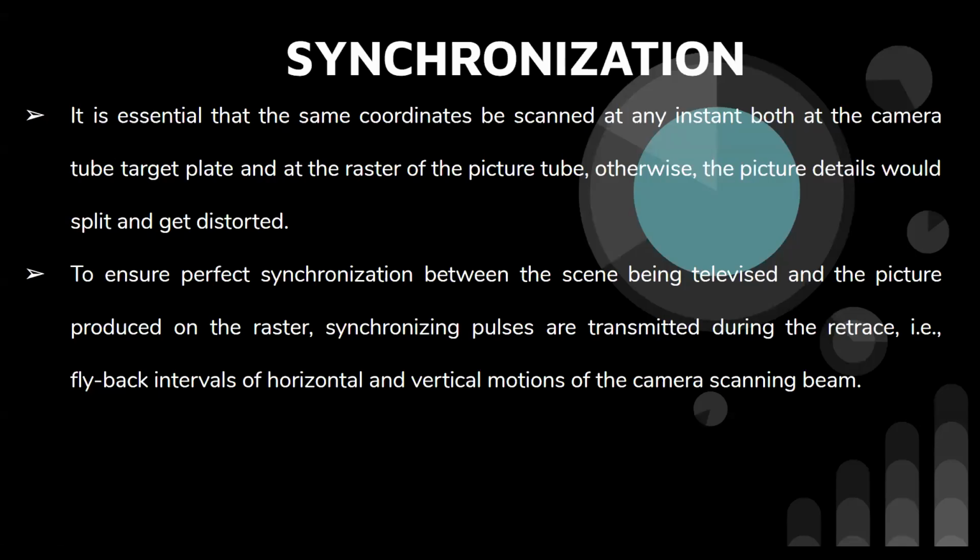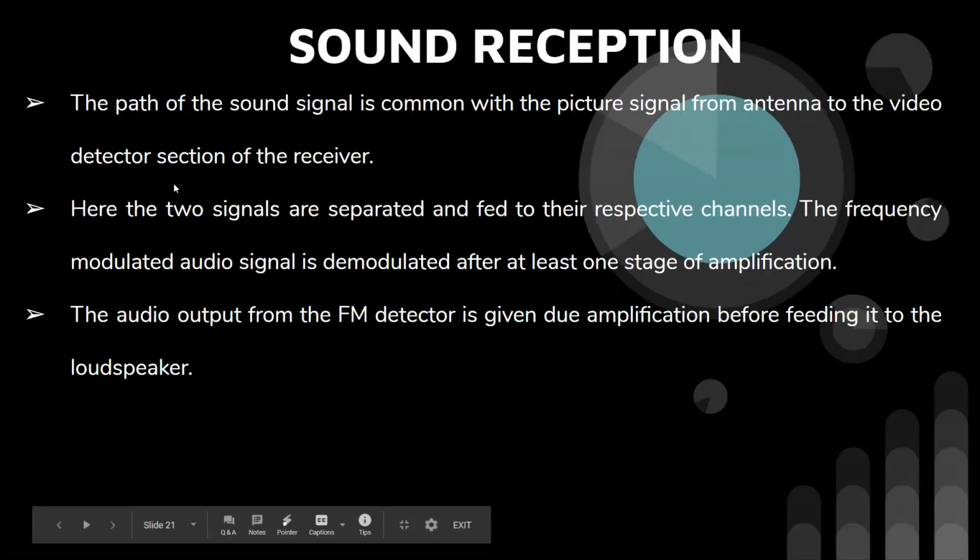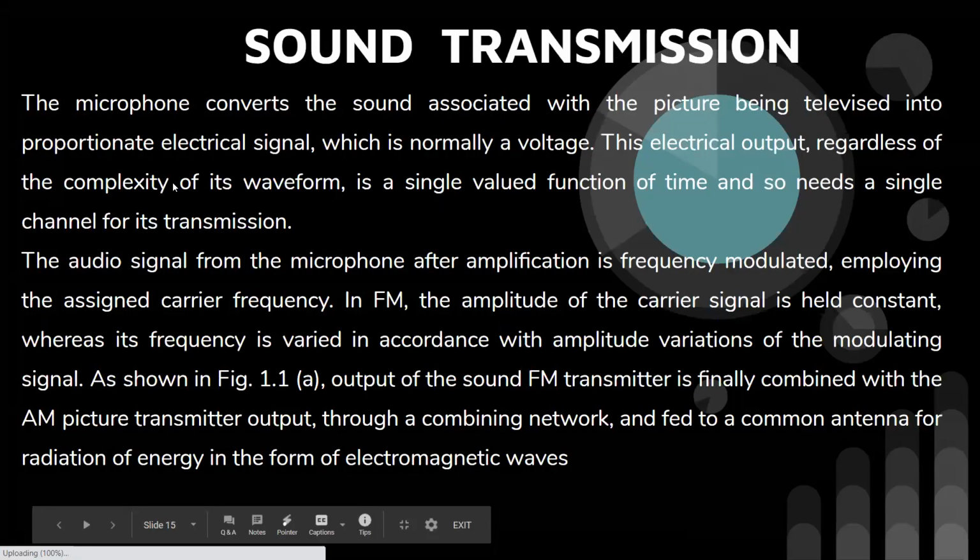So to ensure perfect synchronization between our broadcasted scene and the picture we want to visualize on our raster, you have to create your own synchronizing pulses. These synchronization pulses are to be transmitted through this trace and retrace. You are familiar with trace and retrace.